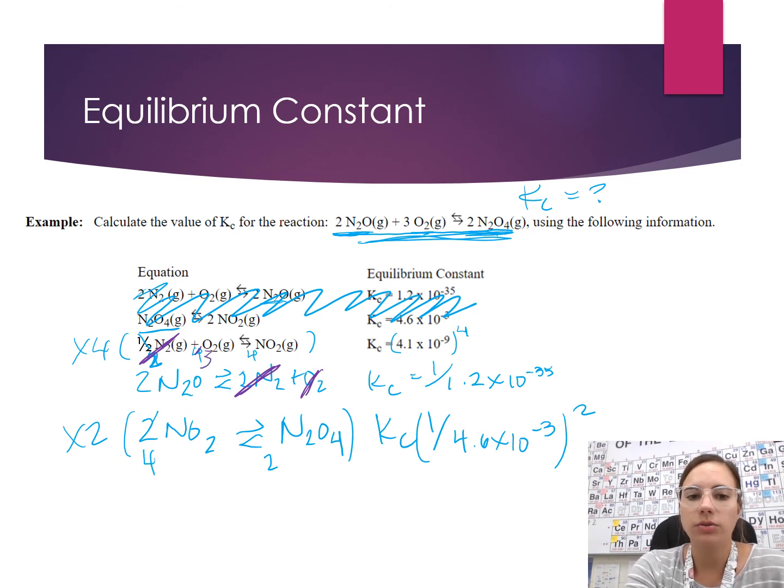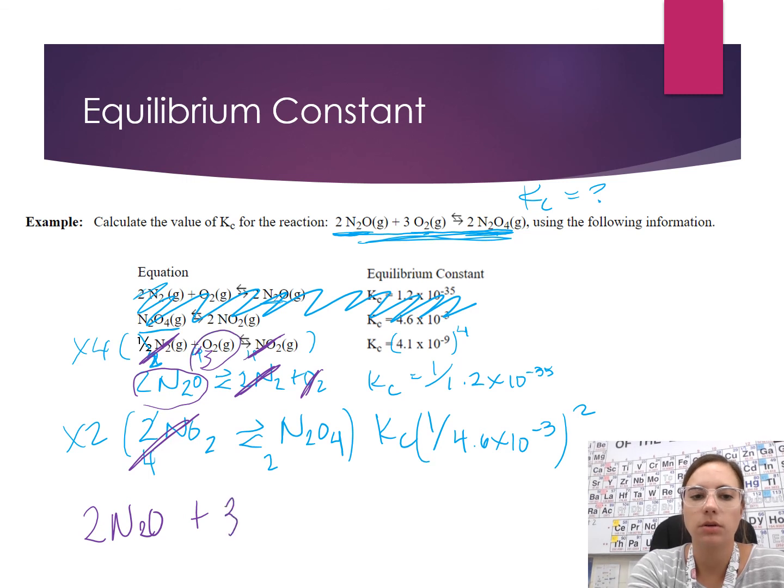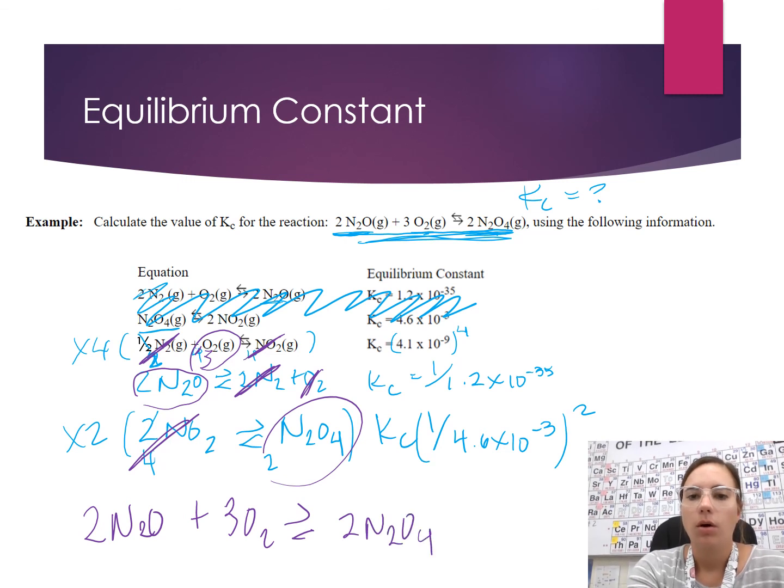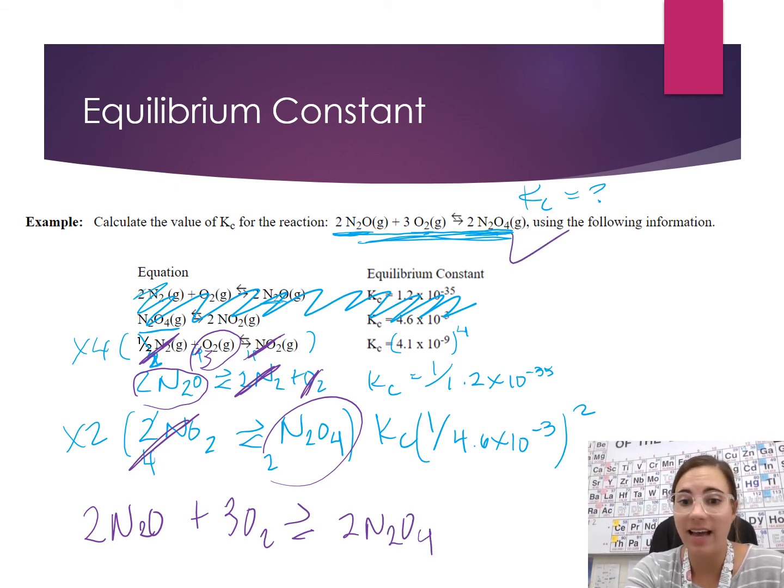I have 2 N2Os. They don't show up anywhere else, so that doesn't cancel. I have 4 NO2s, 4 NO2s, and so that cancels. And so I am left with 2 N2O plus, what's my other reactant? 3O2 in equilibrium with 2 N2O4. Whew, that finally adds up.